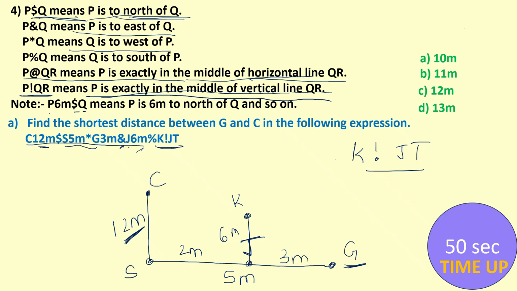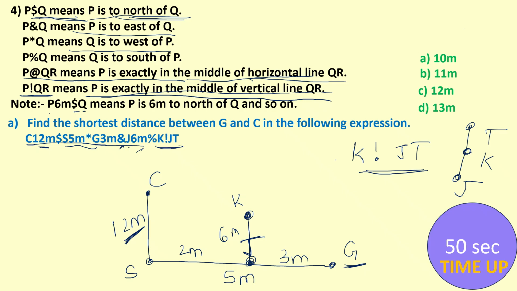Just now I had drawn and showed you all. Correct? Same way you need to draw this. K explanation mark JT means what? K will be exactly in the middle of your J and T. Okay. So this is your K, correct? And this is your J.